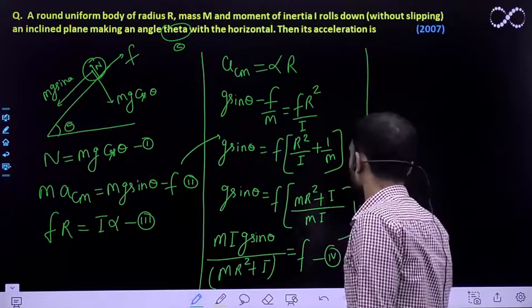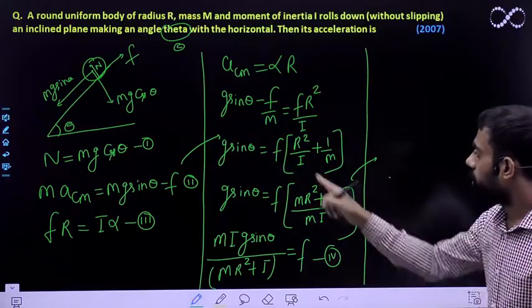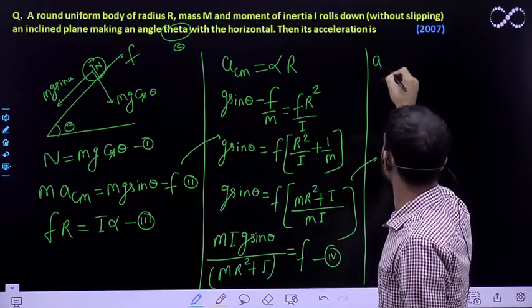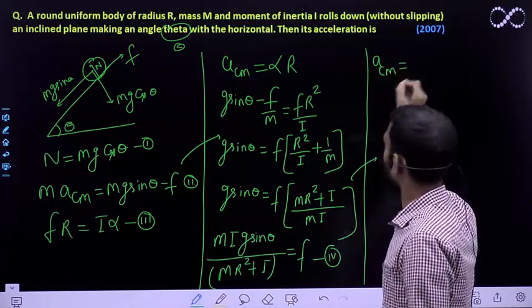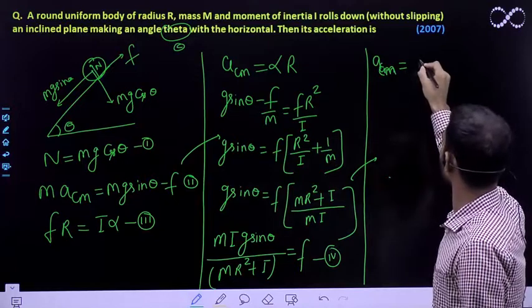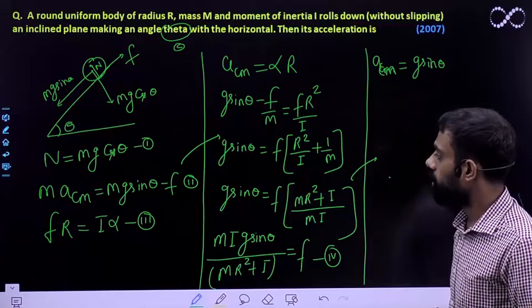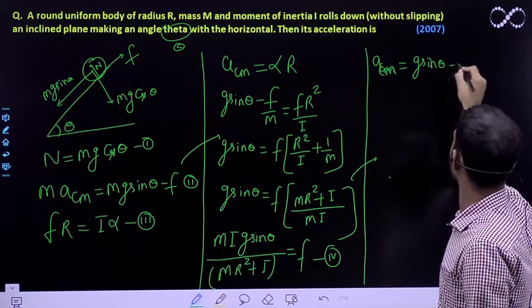All right, now I need to find the acceleration of center of mass. So acceleration of center of mass is how much? The acceleration of center of mass will be equal to g sin theta minus f upon m.